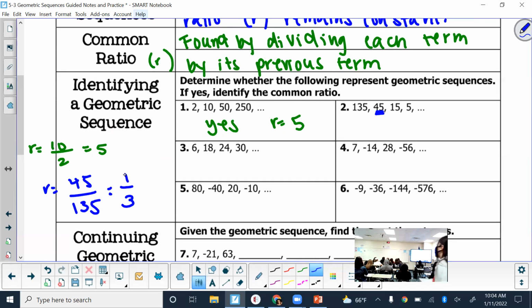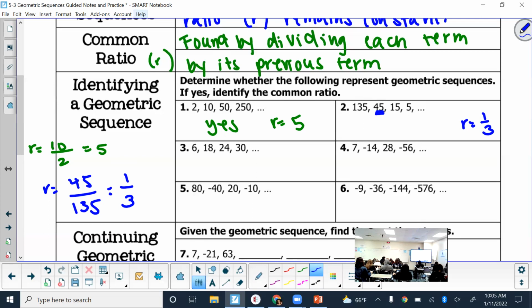How else could you phrase that? Saying that I'm multiplying by 1/3 is the same thing as saying dividing by 3. But either way, if this is a geometric sequence, then the ratio should be 1/3. So just see if it's correct throughout.